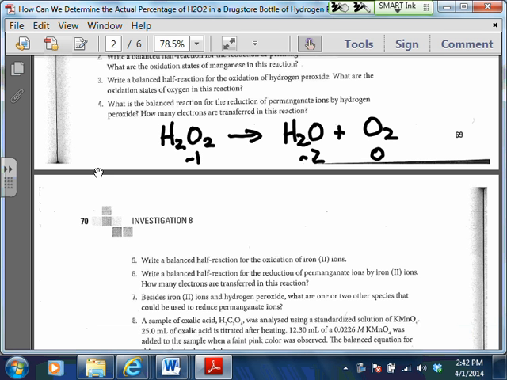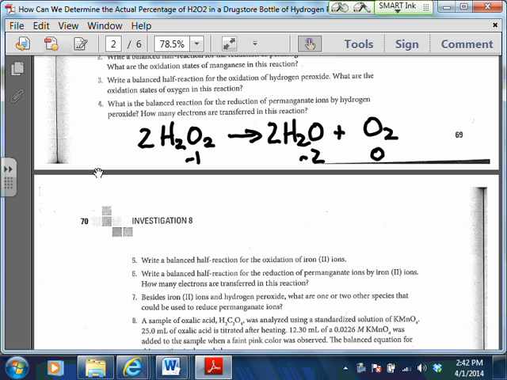You've got to write the balanced equation for that too. There we go. Okay. So the oxidation of hydrogen peroxide. Okay, so maybe they're just wanting you to write the one, yeah, that's probably what it is. This is going to be the balanced. I just kind of did the whole thing all at once.